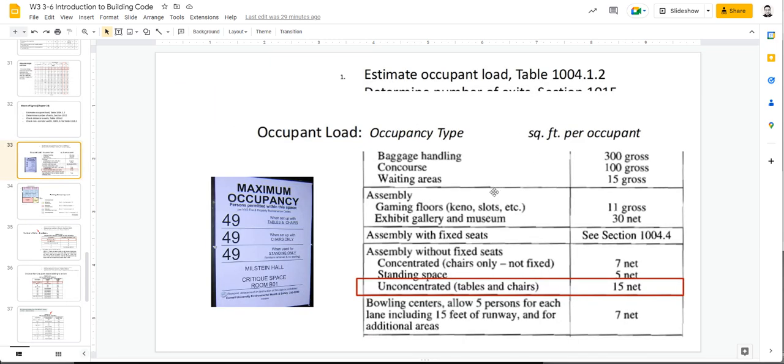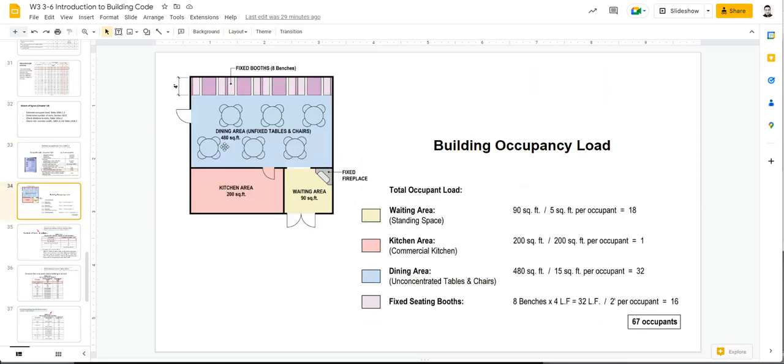Going back to the occupant load here, you will not count all the area of the building, only the particular area that has a use of a cafe. Because in a building, you might have a dining area with tables and chairs, and that has a different occupant load compared to a kitchen.